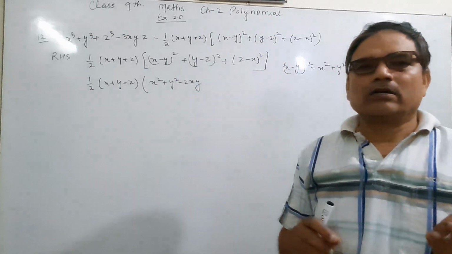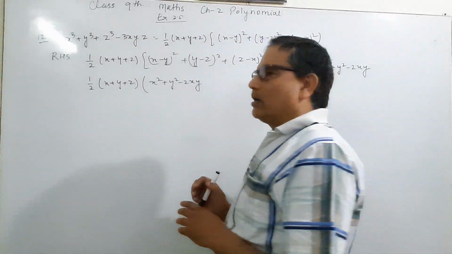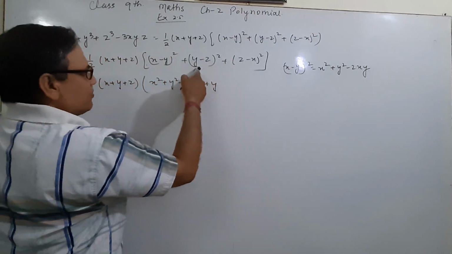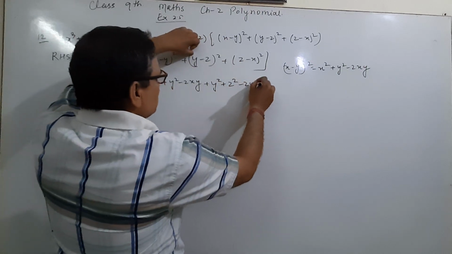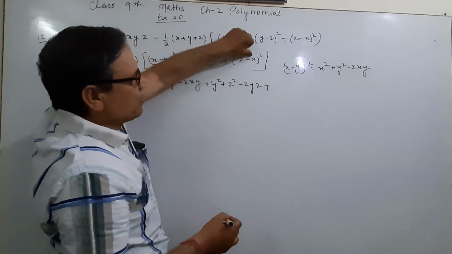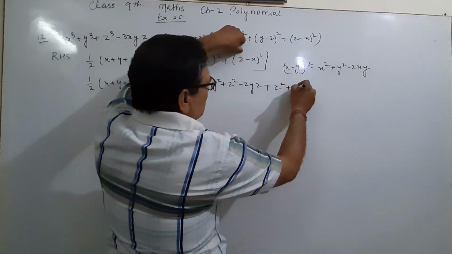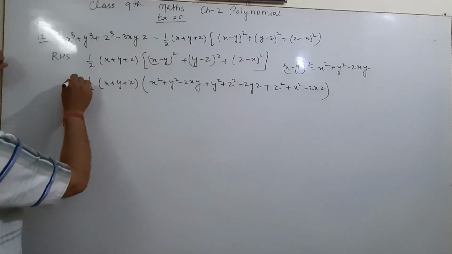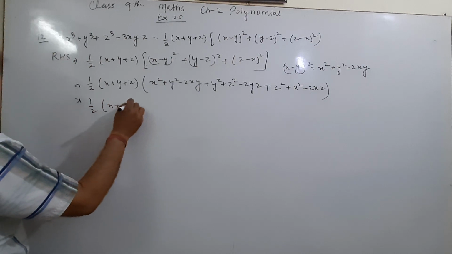When I say do it yourself, you have to stop the video at that time and try yourself. And now apply the same identity: y square plus z square minus 2yz, and here z minus x whole square means z square plus x square minus 2xz. And now this will be 1 by 2 (x plus y plus z).